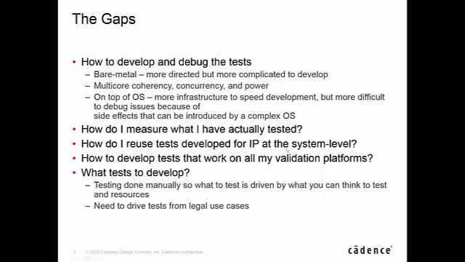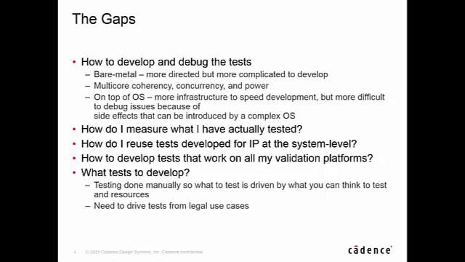How do I reuse the tests developed from the IP at the system level? This is a common problem of bringing in IP, adding it to the system, and wanting to apply system-level tests to make sure that that IP stays functioning. The most common of these is power management. Your SoC has a power management protocol, and you bring in a new piece of IP, and that IP has to operate across the different power domains and transitions.